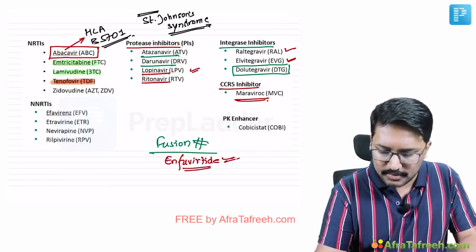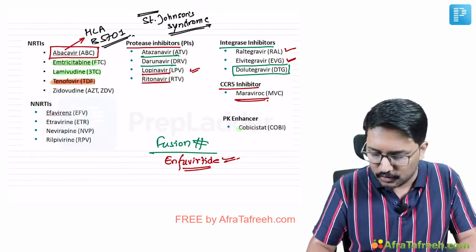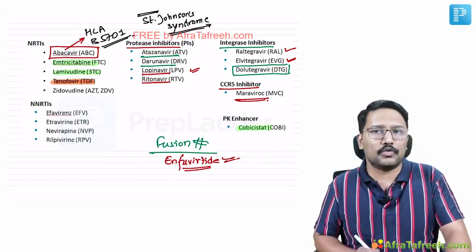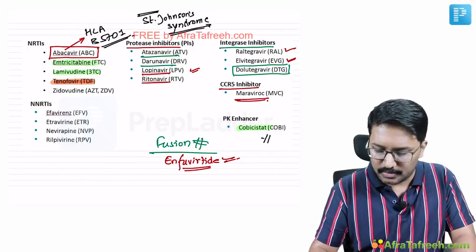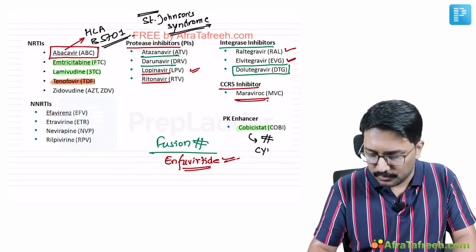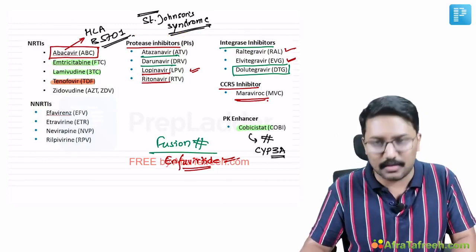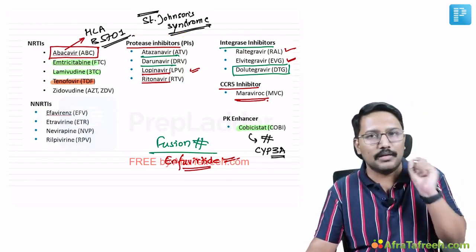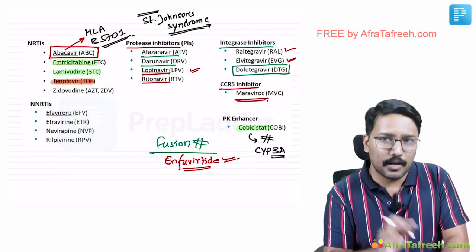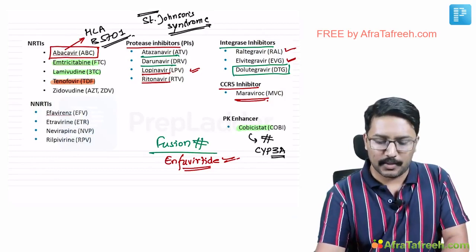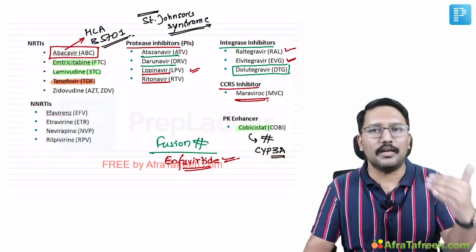Okay. Now this list also talks about a drug which some of you may not be very familiar with, that is cobicistat, right? What is cobicistat? Cobicistat is an inhibitor of cytochrome P450 3A. So if you're treating someone with drugs which are predominantly metabolized by this cytochrome P450 3A, by inhibiting this, you can make those anti-HIV drugs' bioavailability increase, right?